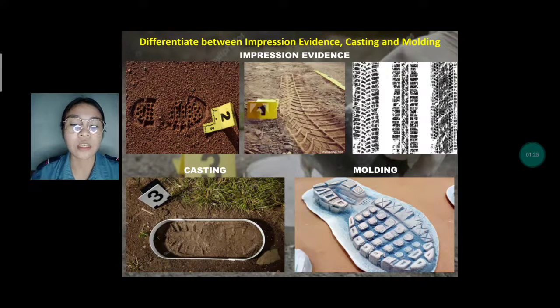Molding. So, it is an impression of an object or organism. Yung mold na ginagamit para makuha yung entire details ng isang object before a cast is made. Pwede itong natural and synthetic. And I hope po malinaw po for this slide.